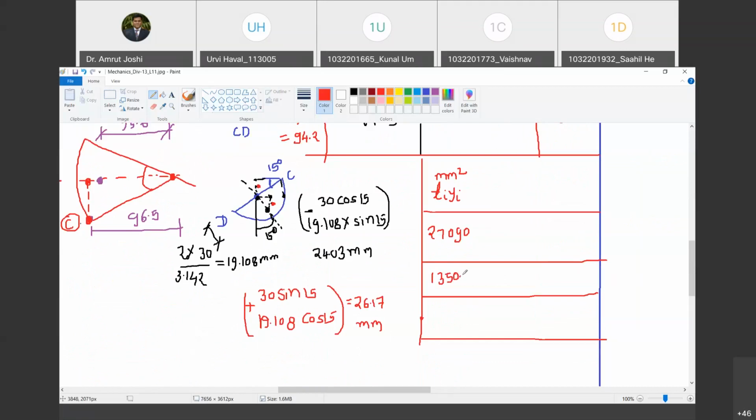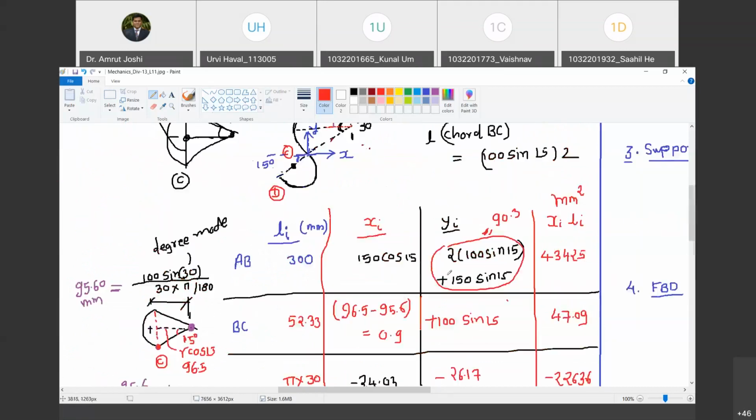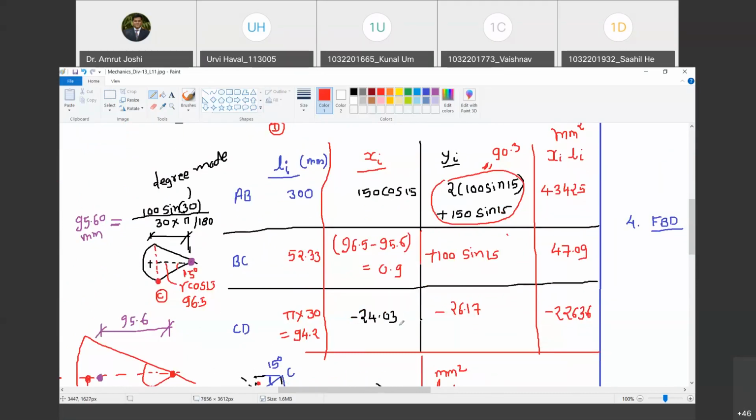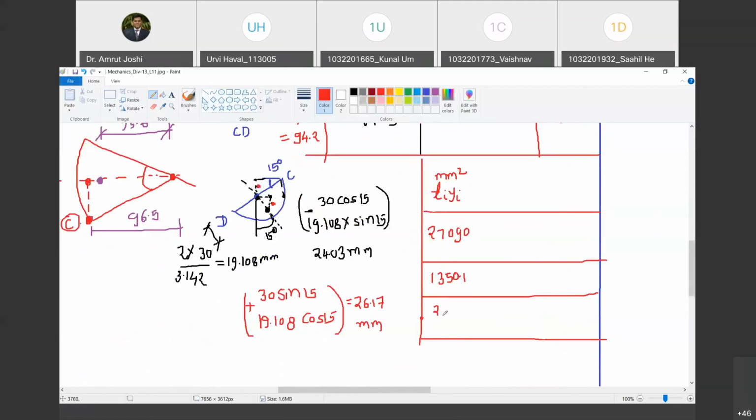Let's go now to length CD. For CD, it is 94.2 multiplied by 26.17, but negative, which is 2,465.2.